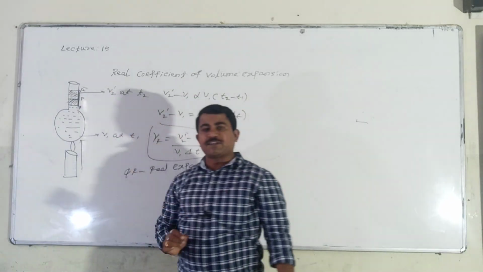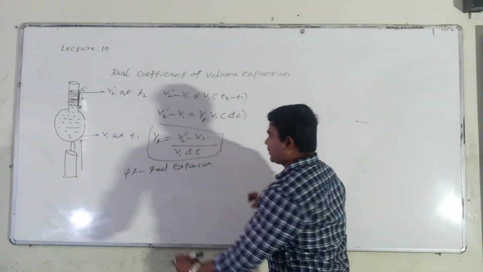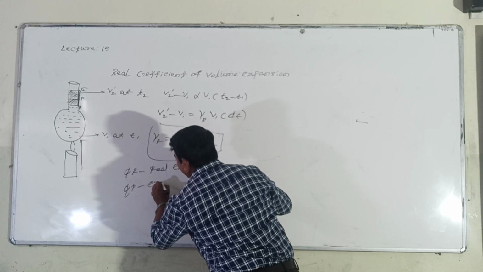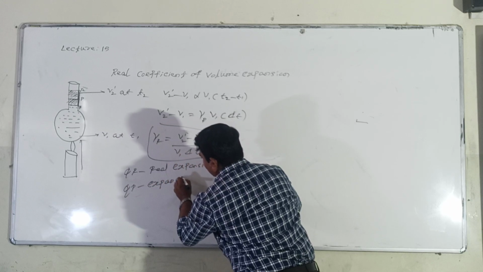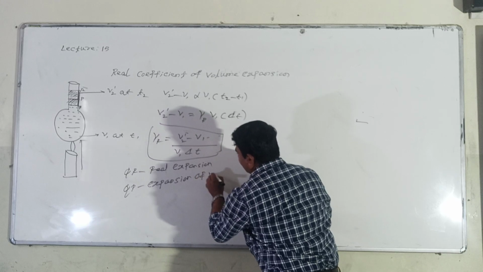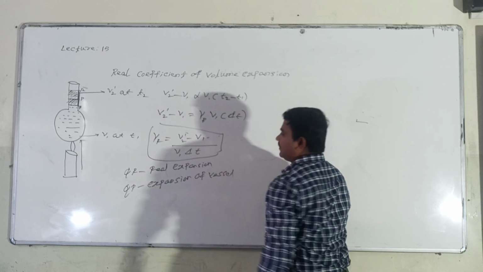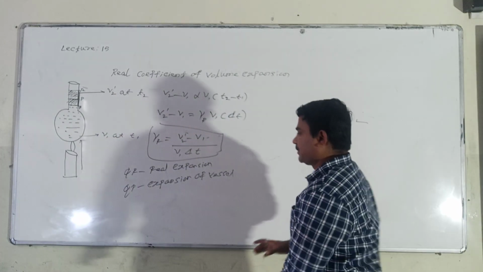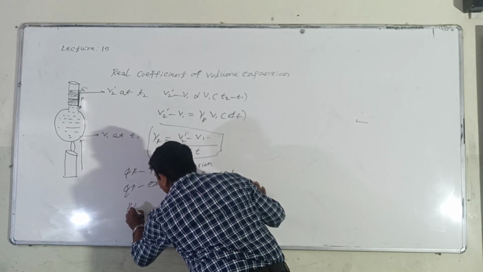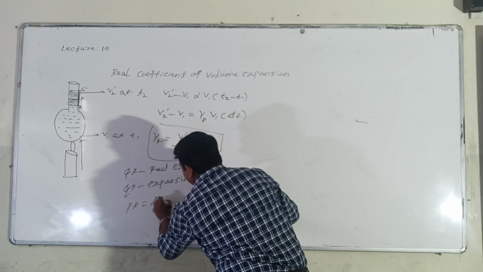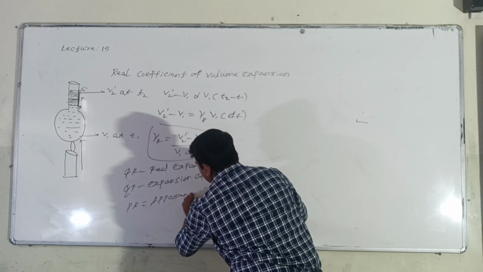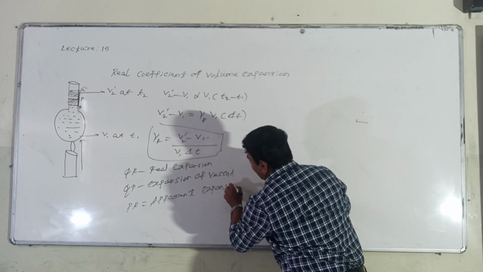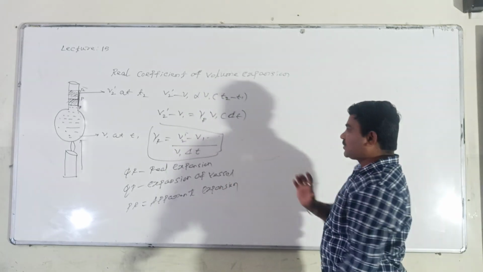QP is nothing but the expansion of the flask, I mean the expansion of the vessel. Then what is PR? PR represents the apparent expansion. From this you can get it directly.